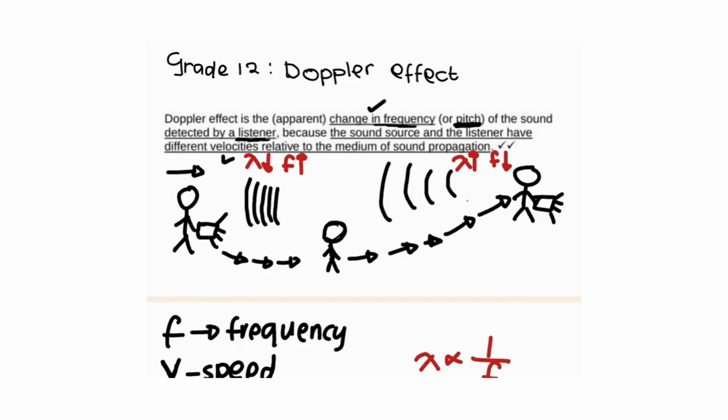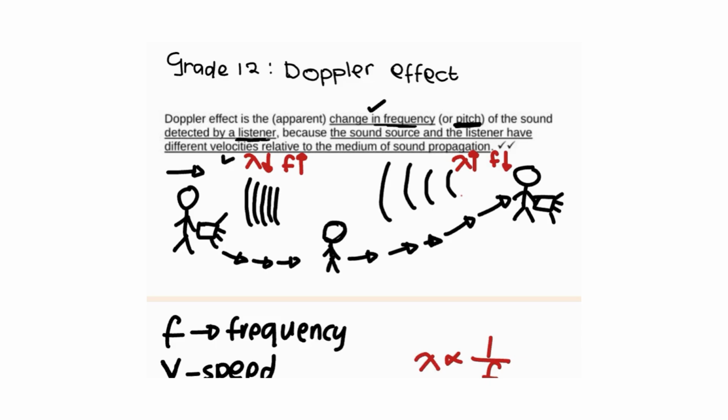If frequency is lower, it means pitch, the highness or the lowness of the sound, is decreasing. So now you're starting to hear a lower and lower pitch of the sound from the speaker. This is how we can explain the change in what you hear when you are being approached by the source or when the source is moving away from you.